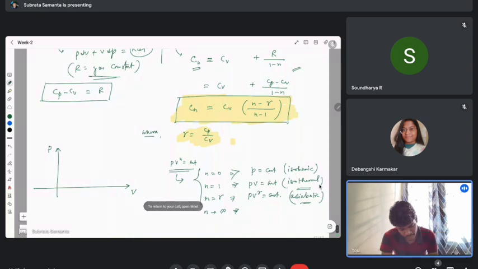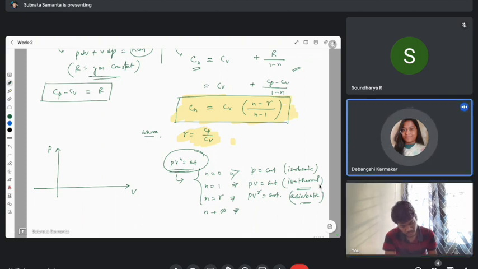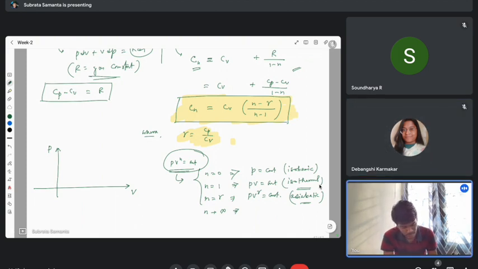This is a polytropic process, PV to the power n equals constant. Can you tell me which process this limit goes to? n equals 0 implies P equals constant, isobaric process. n equals 1 implies PV equals constant, isothermal process, and n equals gamma, PV to the power gamma equals constant, is an adiabatic process. So n tends to infinity implies which process? Yeah, good. This implies the isochoric process.